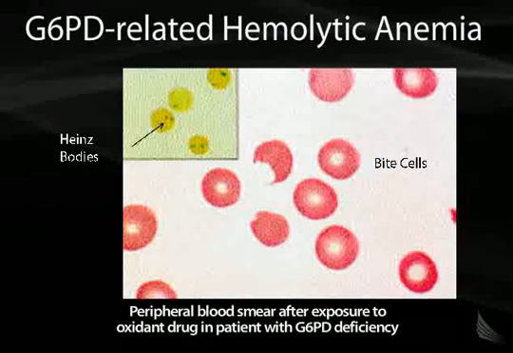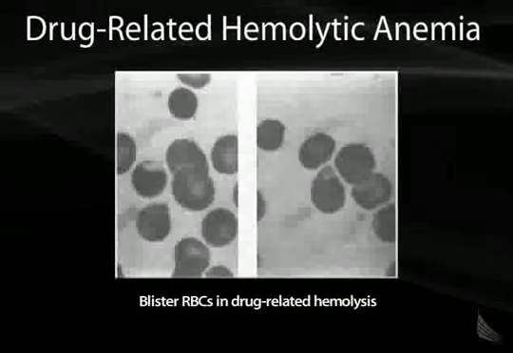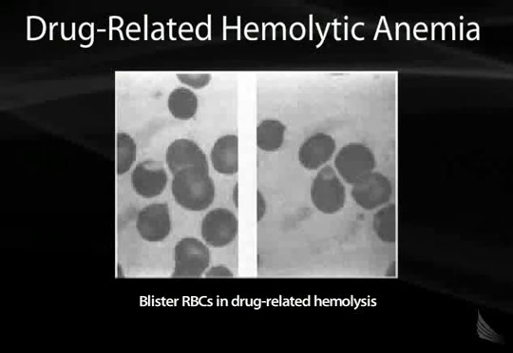The inset shows Heinz bodies, which are globin collections that the spleen will bite out, and that's why these patients develop bite cells, also known as blister cells, that are present in drug-related hemolysis. Drug-related hemolytic anemia is also a common side effect, and we will talk more about that.